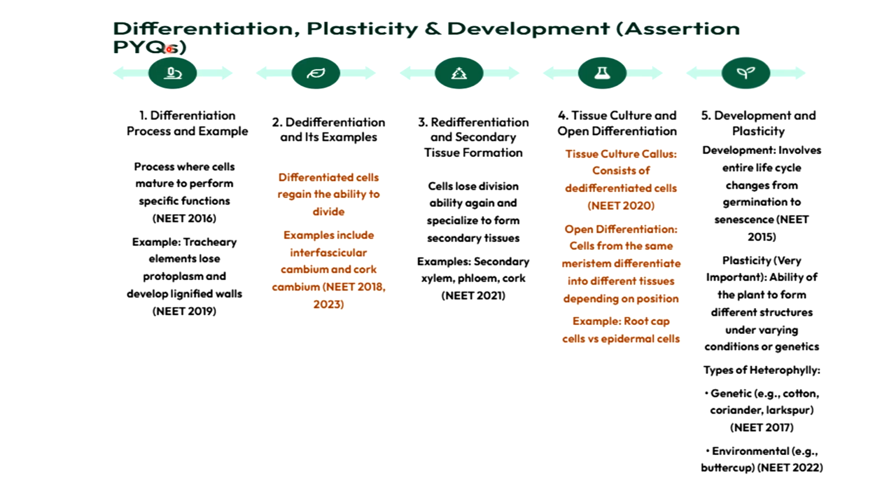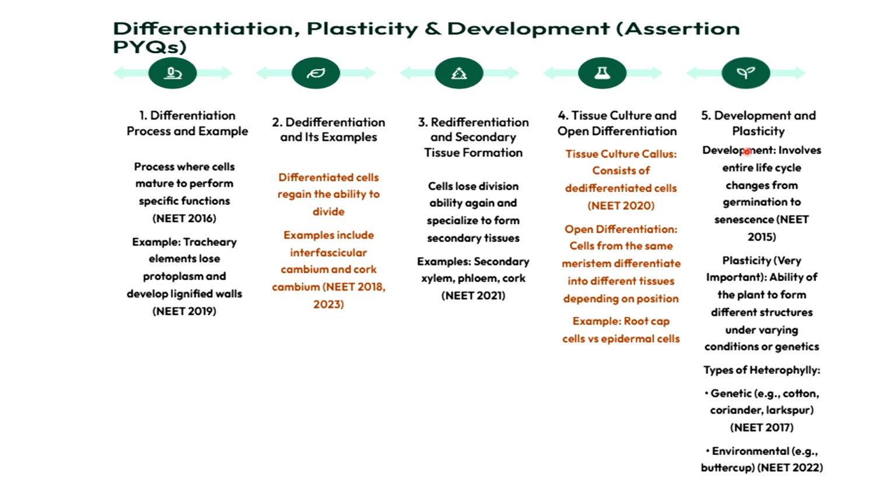Next topic is differentiation, plasticity and development. You can expect assertion based PYQs from this topic. It's a very important topic, and from here, from differentiation, dedifferentiation, redifferentiation, the definition and examples of each are important. And then open differentiation, that is, differentiation is open, with the example of tissue culture, that is important.